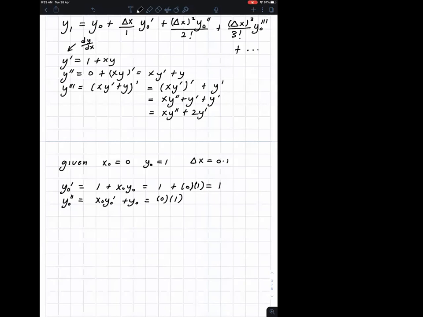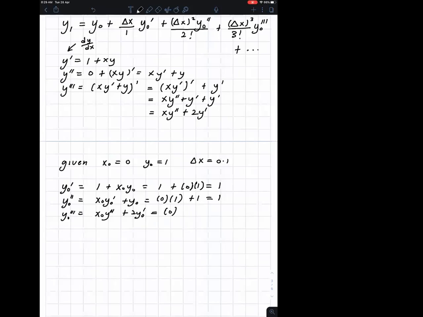Just plugging in values. Y naught triple prime is x naught y naught double prime plus 2 y naught prime, where x naught is 0.